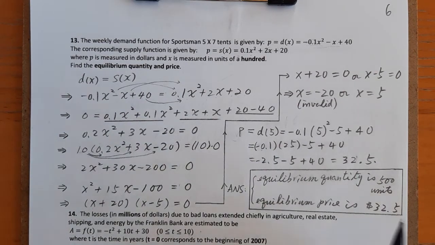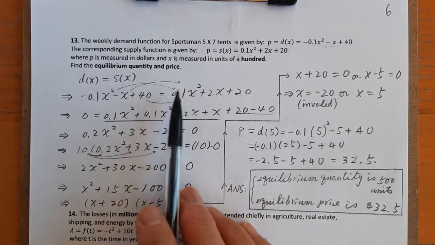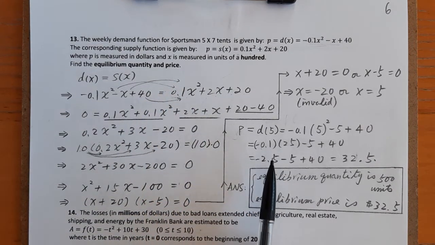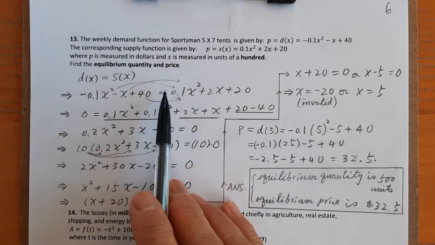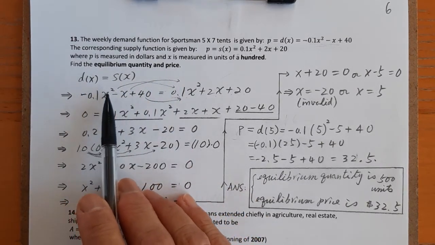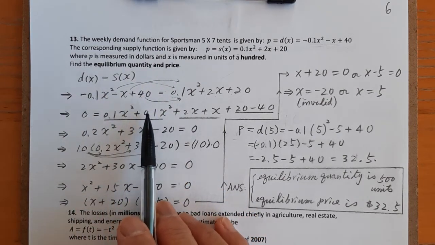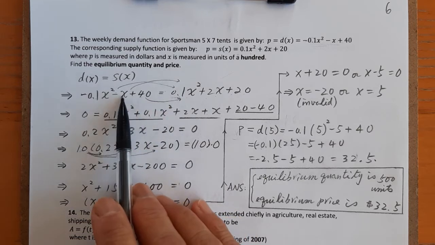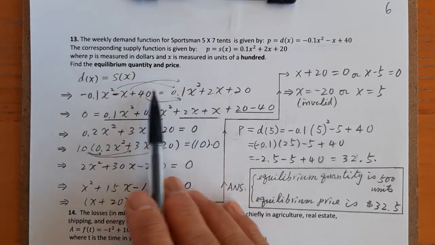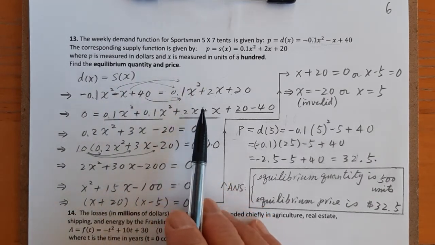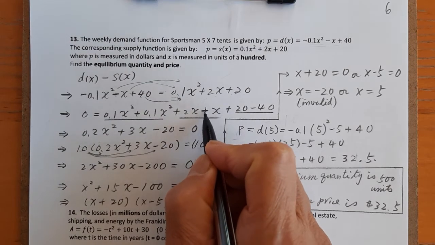To solve for x, I want to keep the x squared term coefficient positive. That will be easier to factor. So I move negative 0.1 x squared to the other side, and it becomes plus 0.1 x squared. Move the negative x by adding x to both sides, so it becomes plus x.